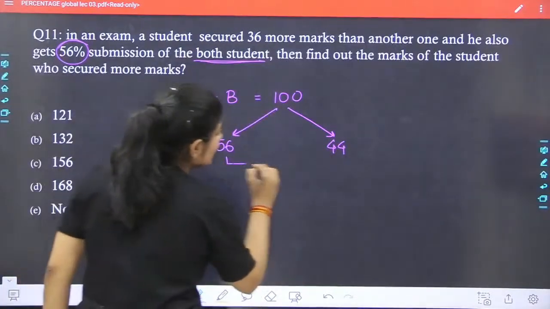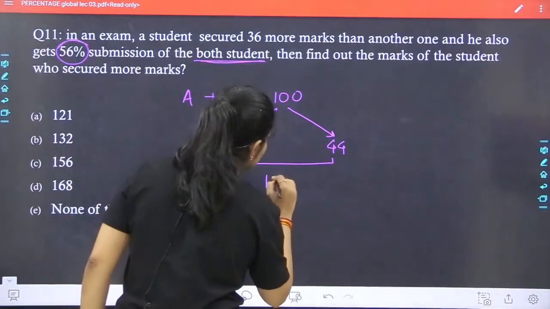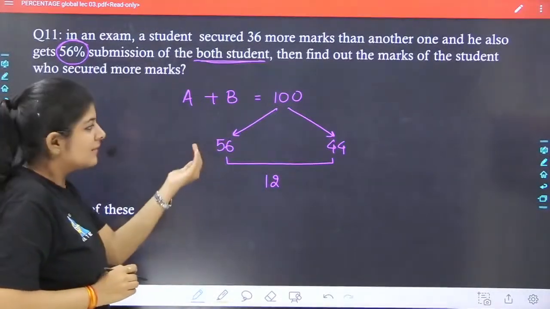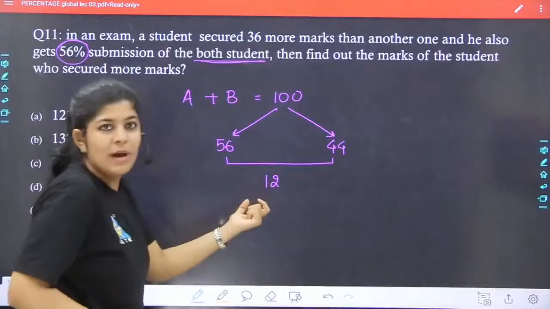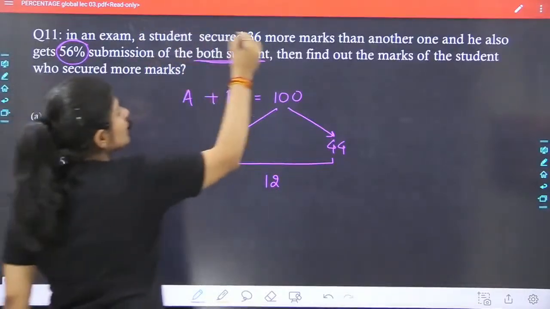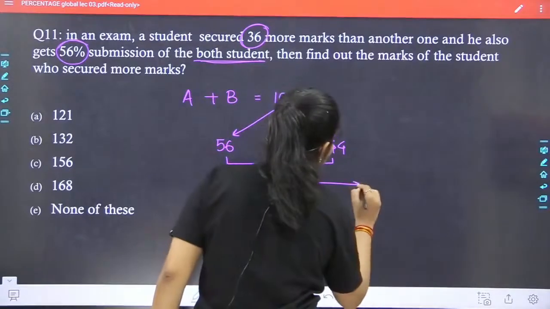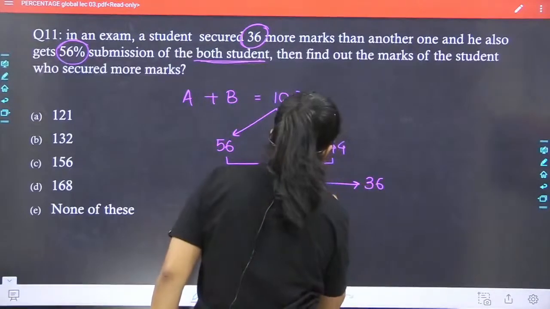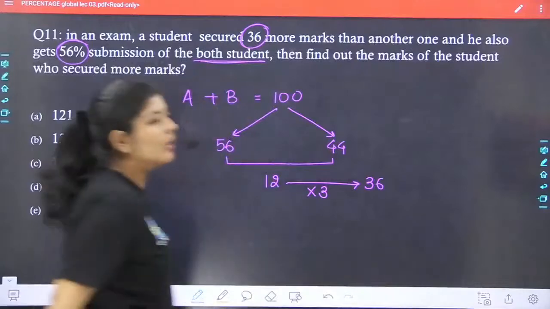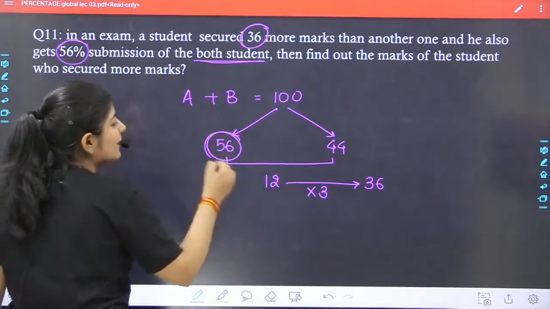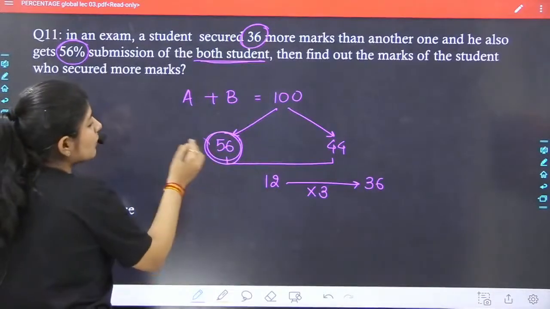The difference between these two is 12. That means the one who secured more marks has 12 more marks. But in the quotient, it is equal to 36. That means the value of 12 is 36, so it is a multiple of 3. Now we have to calculate the marks scored by the student who secured more marks.